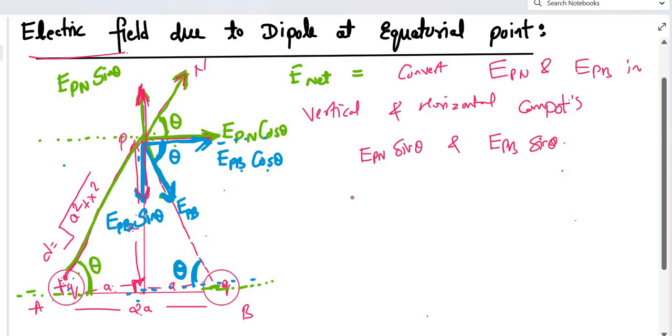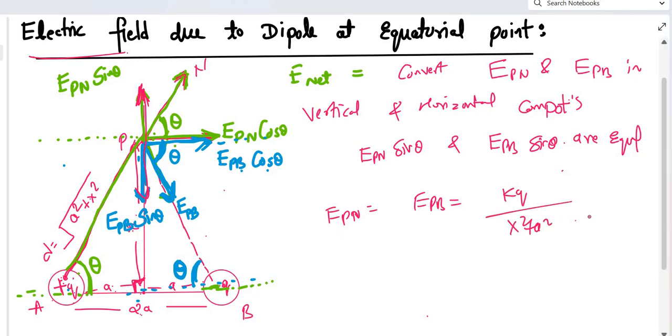Why are they equal? Because we remember that the formula of EPN and EPB was KQ by x square by a square. They both were equal. So that means EPN sine theta and EPB sine theta will also be equal.